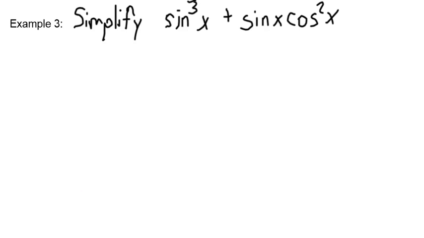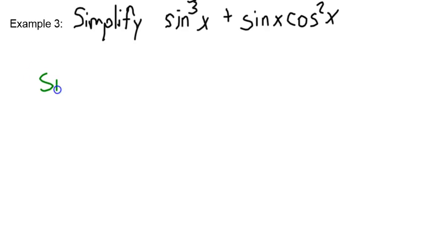Example 3, we want to simplify sine cubed of x plus sine x cosine squared x. Right now this looks really complicated, but this simplifies down to a very nice value. So first thing we should do, if we have multiple terms, see if there's anything they have in common. If we look, both of those terms have a sine x in common.